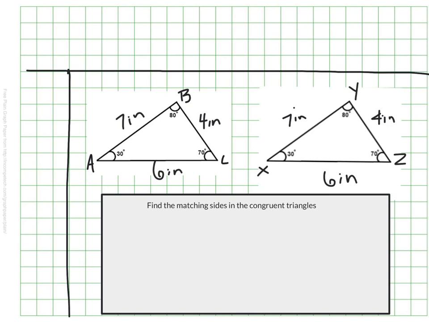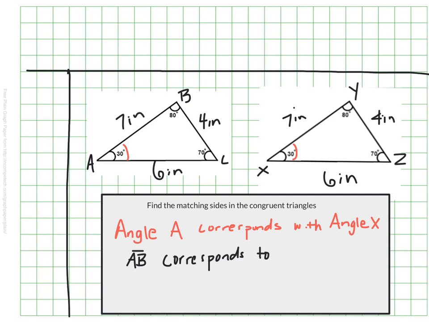Now that these are oriented in the same direction, you can tell that angle A and angle X are in the same relative position in these two triangles, and so those are our corresponding angles. So we can say angle A corresponds to angle X. By the same token, side AB is in the same relative position as on the other triangle, side XY.